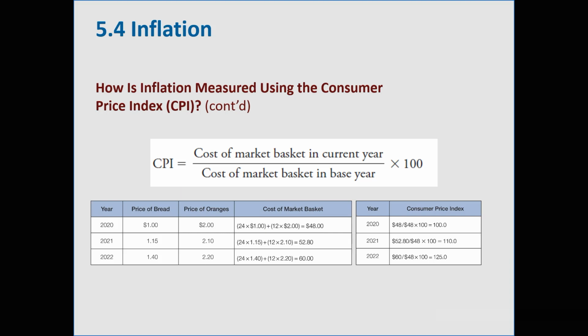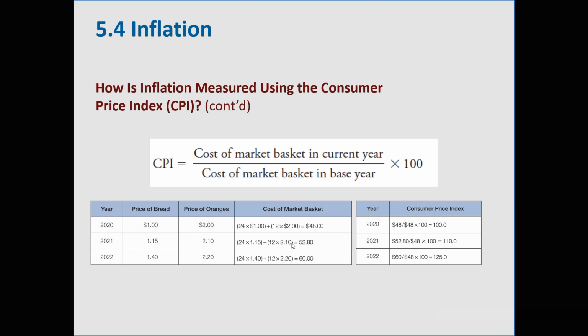And if you want to take a look at the CPI, you simply take the cost of the market basket in the current year divided by the base year times 100. Given that this is a base year, we are going to have 48 divided by 48 times 100. We have 100. So generally 100 means it's the base year, or it means the current year is not different from the base year.